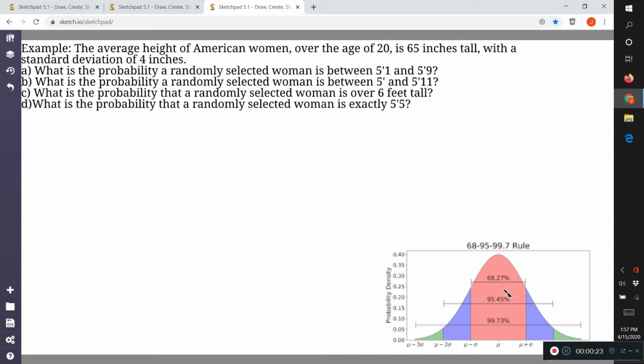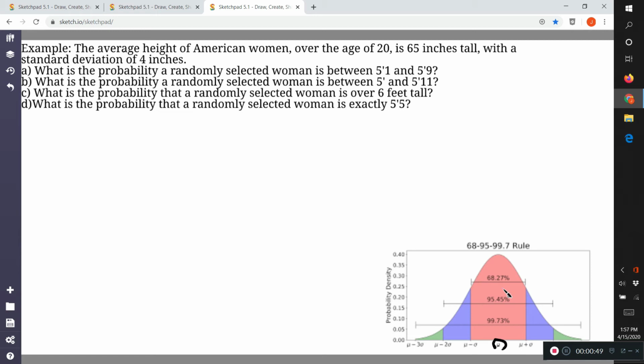So what that means is that the average right in the middle, if we look down at our graph here, is 65 inches. If we go up 4 inches to 5 foot 9, right, and we go down to 5 foot 1, which is 4 inches south, 68.27% of the population of women will fall within that category.